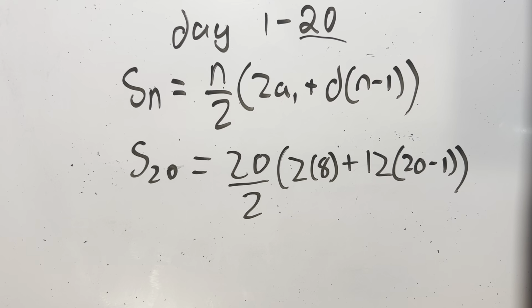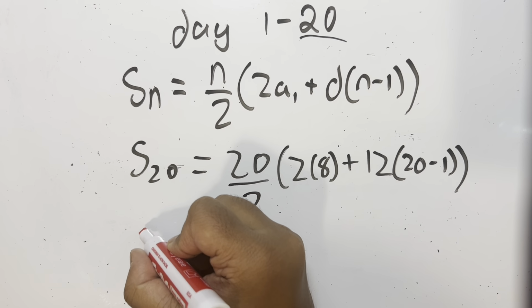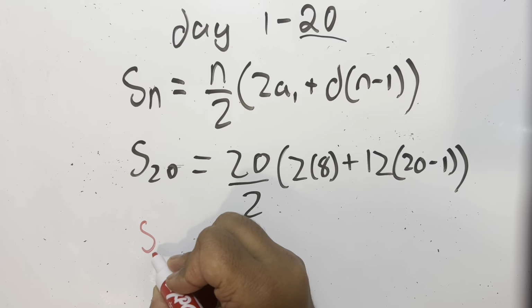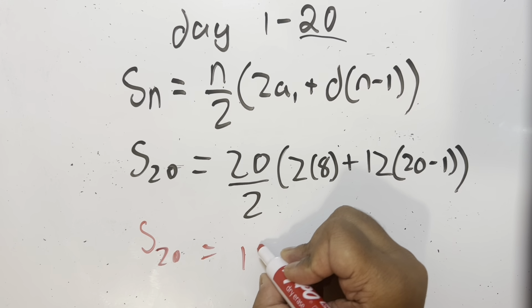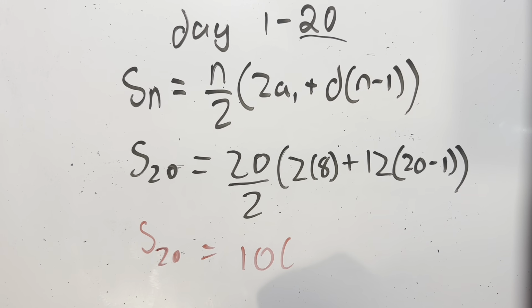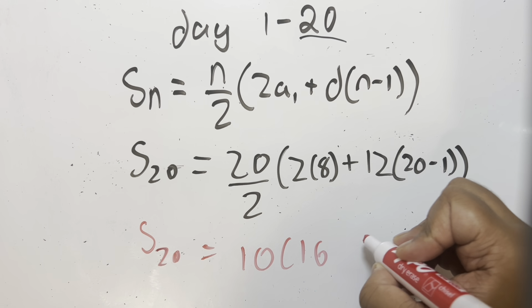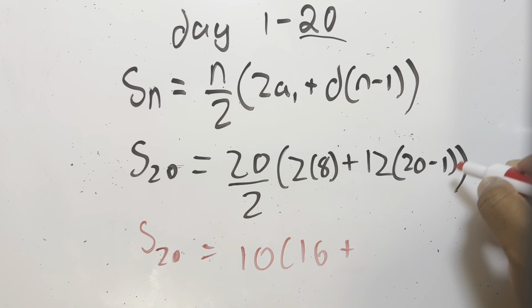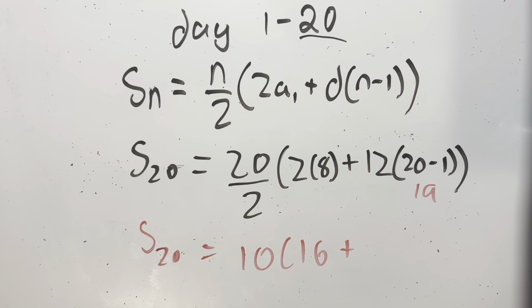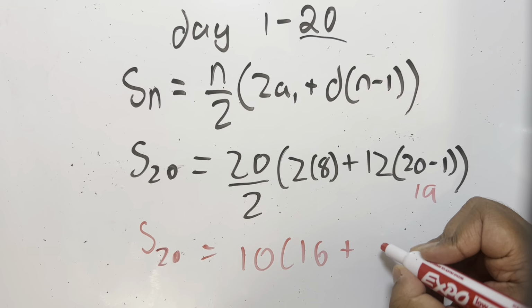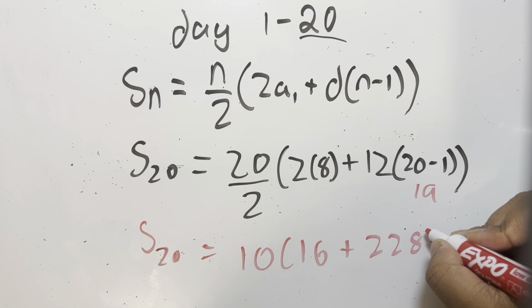All right, now I'm going to evaluate using a different color. S of 20 is 20 over 2, which is 10. 2 times 8 is 16 plus 12 times, well, this is 19. 12 times 20 is 240 minus another 12, which is 12 times 19, should be 228.